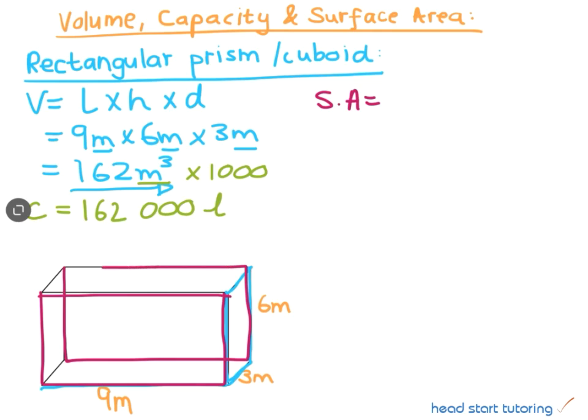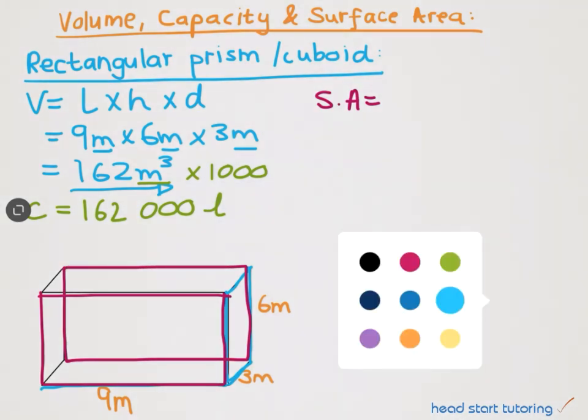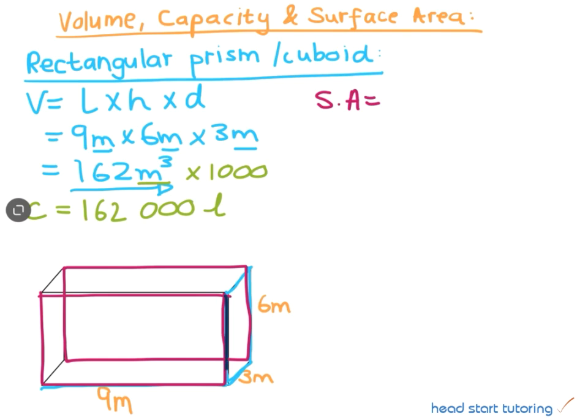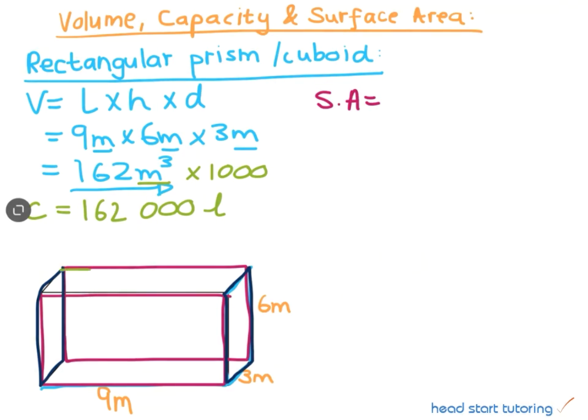So those two faces will be equal to each other. We will also have these two side faces that will be equal to each other, and we will then have our top and bottom face rather. That top face and this bottom face will be equal to each other as well.